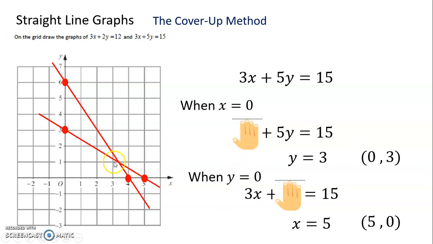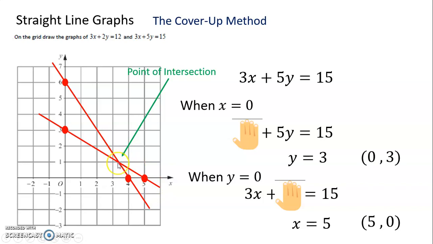Now there's something really interesting about this point right here. This is called a point of intersection. It is the one point where we have a solution for 3x plus 2y equals 12, which is also a solution for 3x plus 5y equals 15. So this point lies on both graphs.